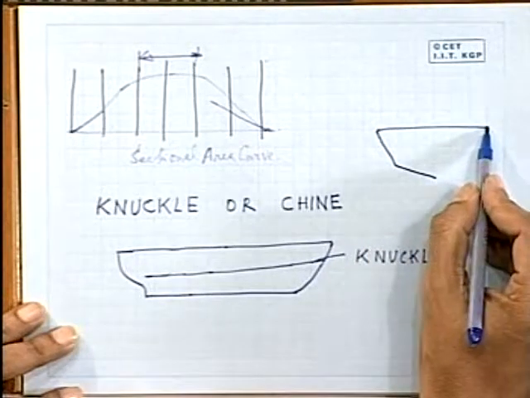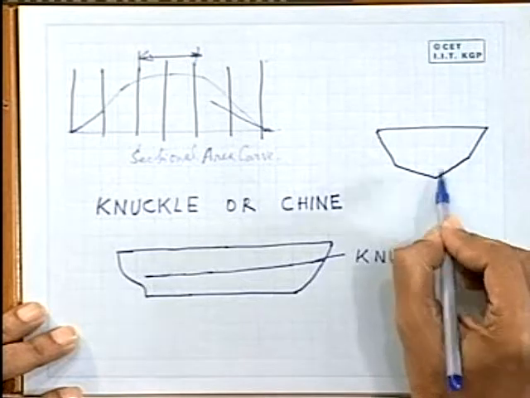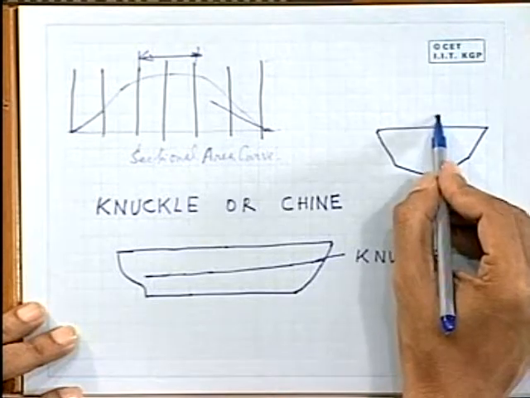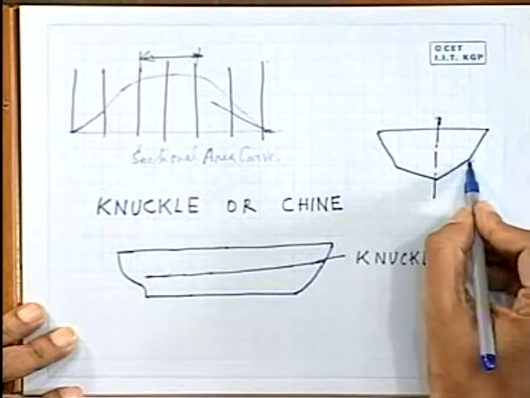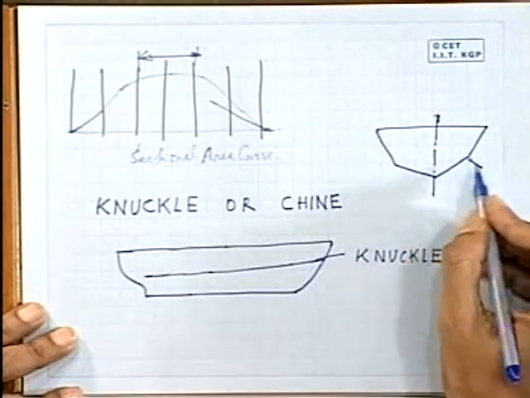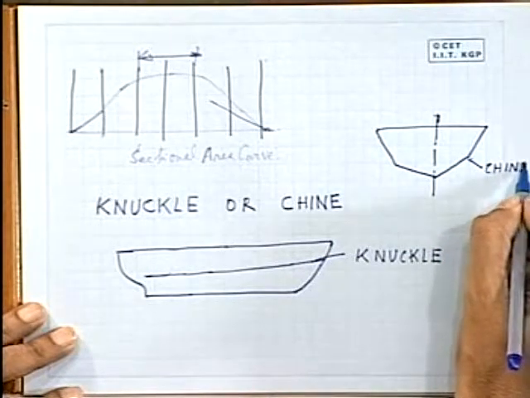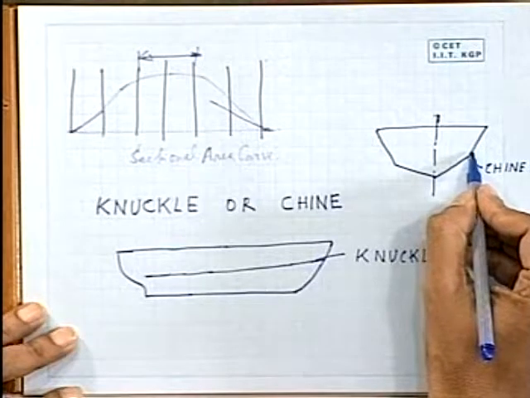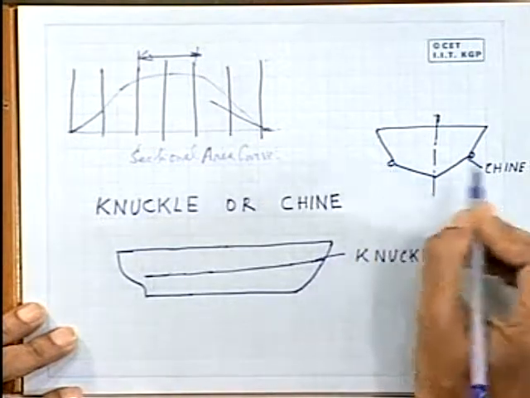Say this is a fast boat. Then this change in the slope, here it is called a chine. And normally you will find at the chine there is a spray strip attached to this chine.